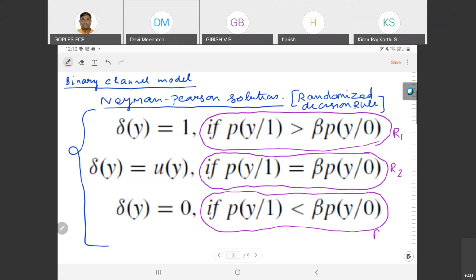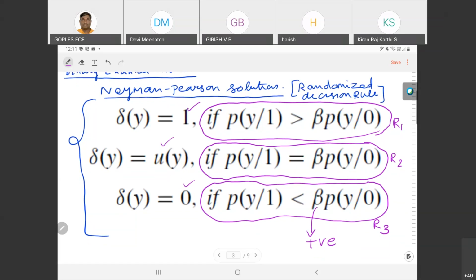They are disjoint and your beta value is positive. And these values, 1, u of y and 0, are all probabilities. As you know, this is the randomized decision rule; what you get here is the probability only.